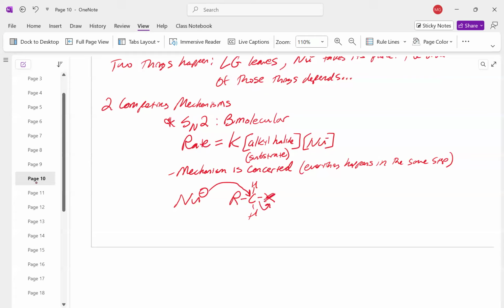And the leaving group leaves. So we're drawing an arrow to show a bond forming between the nucleophile and the carbon, and an arrow showing the bond breaking between the carbon and the halogen. And so now the nucleophile is where the halogen used to be, and the halide is just floating around.